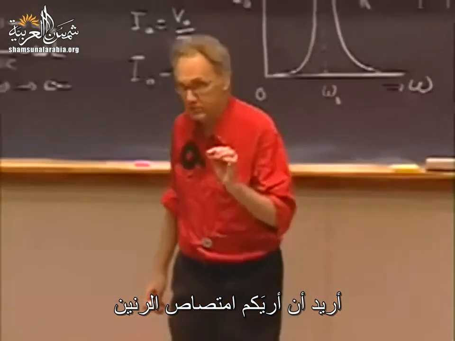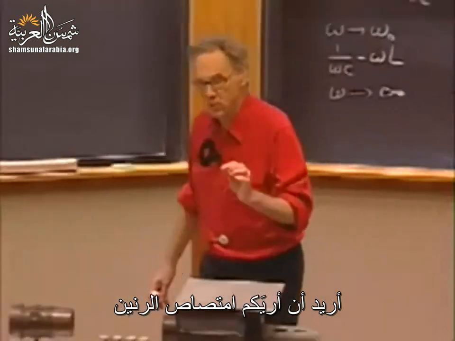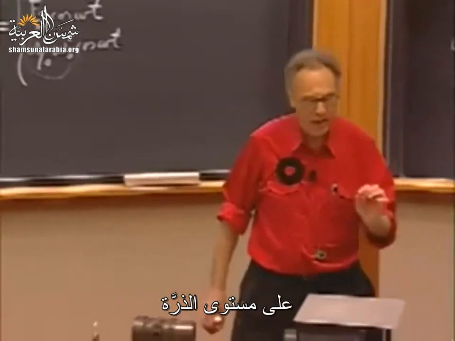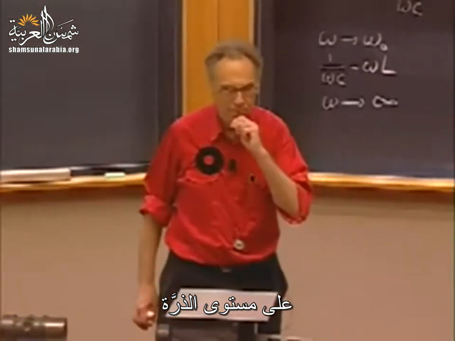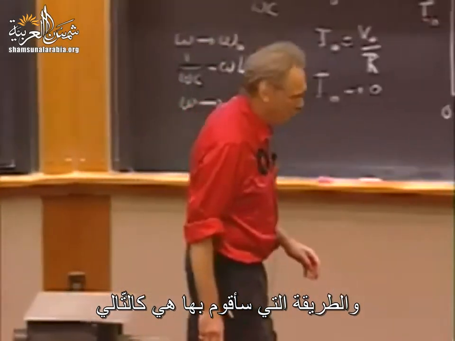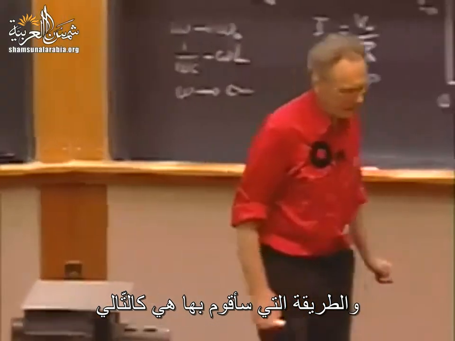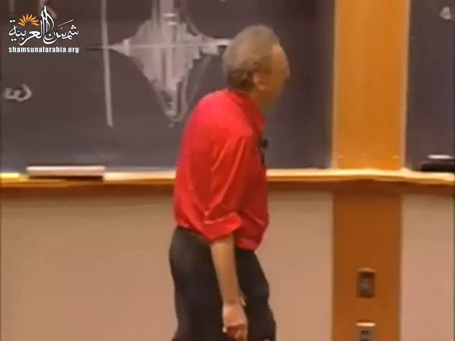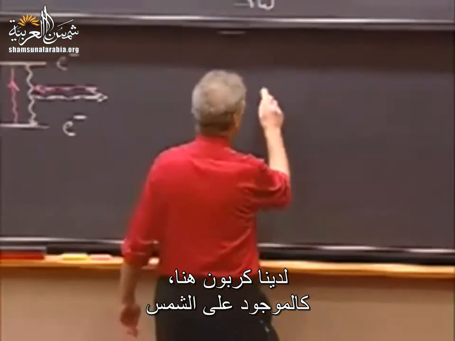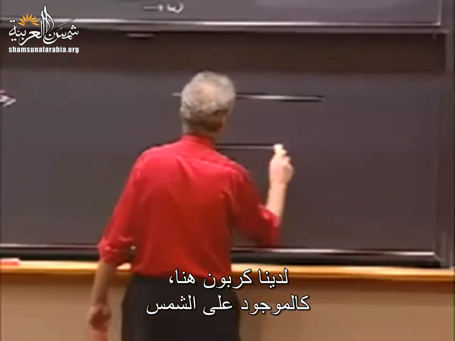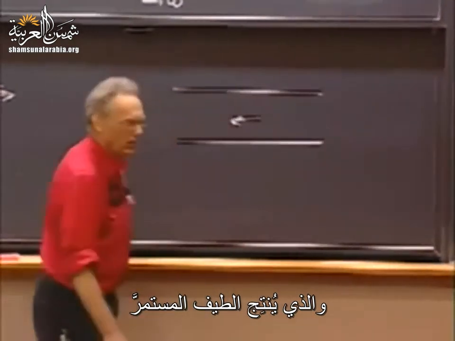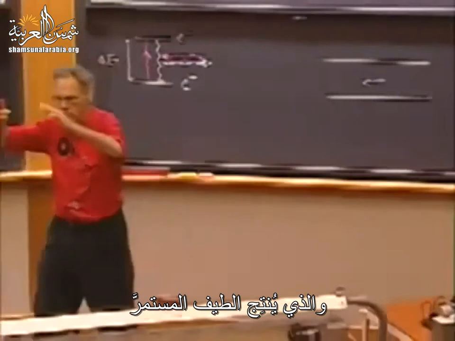I want to show you resonance absorption on the scale of an atom. The setup is as follows. We have a carbon arc. Think of that as being the sun, which produces a beautiful continuous spectrum.